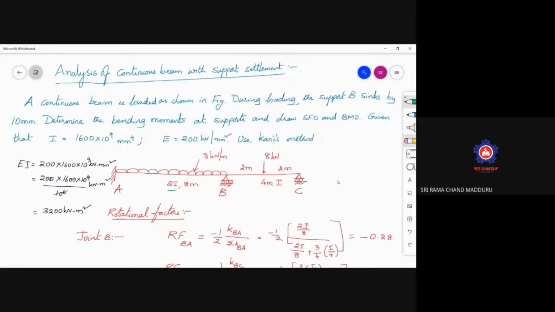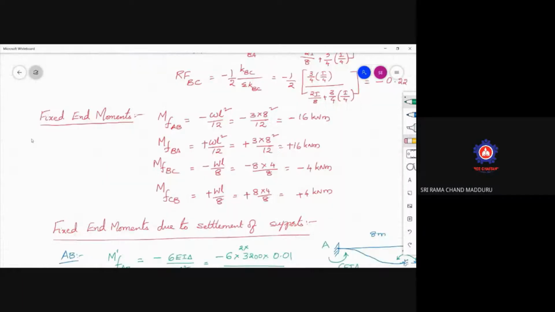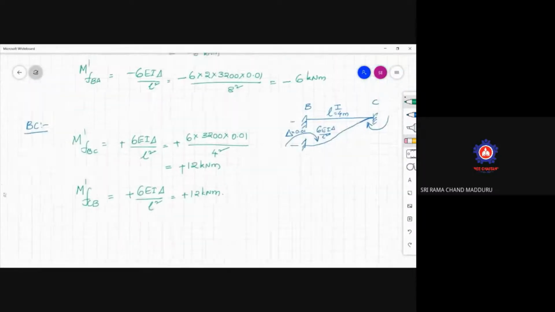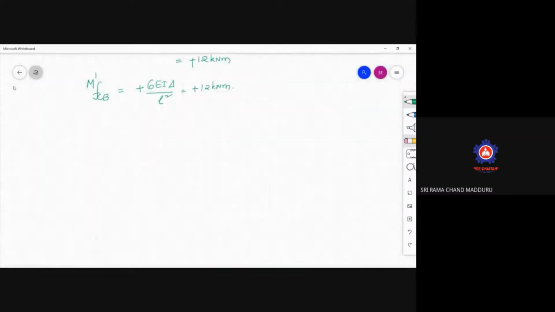Okay, so for that, we'll write down modified fixed end moments due to hinged ends.